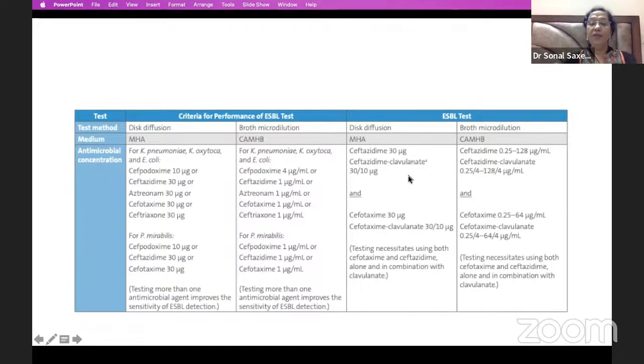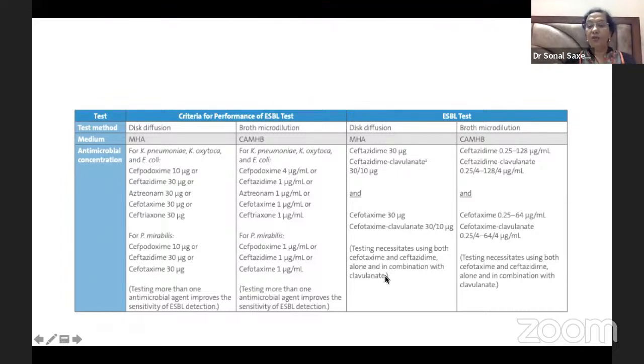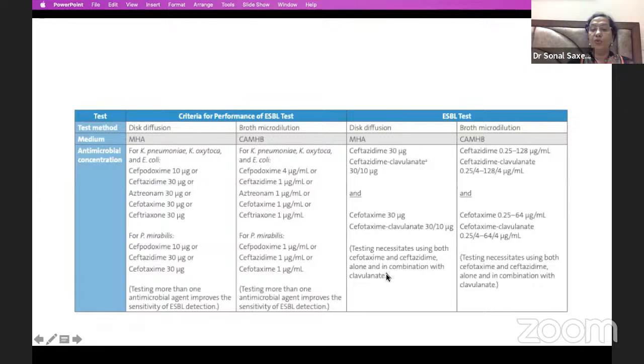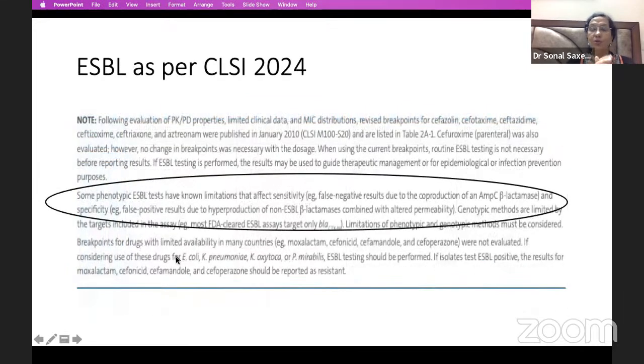But if you're doing it for ESBL, then the double disc diffusion, that is ceftazidime and ceftazidime-clavulanate and cefotaxime and cefotaxime-clavulanate, both you do, and you see the difference. This you are already aware with, so I'm not going to change it.